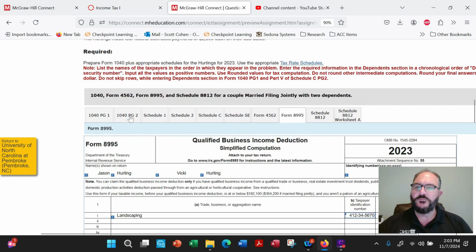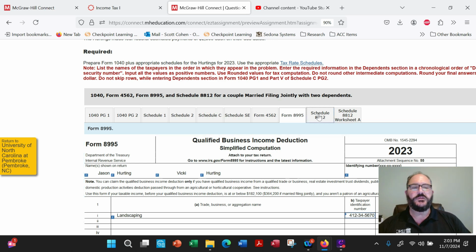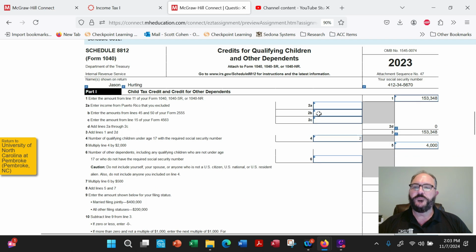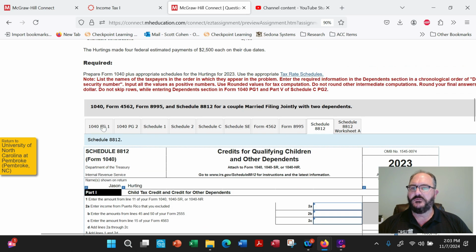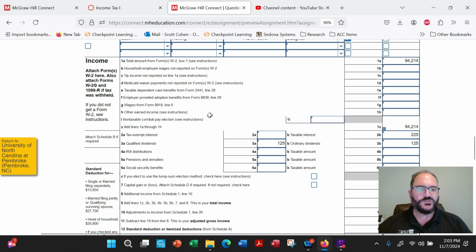The other item, and this one we hadn't seen before, is Schedule 8812. Schedule 8812, that's for the child tax credit. So you click 8812. It asks you to enter line 11 of your tax return, 1040, 153. Let's see, what is line 11? I'm sure it's the AGI. It's almost always the AGI.